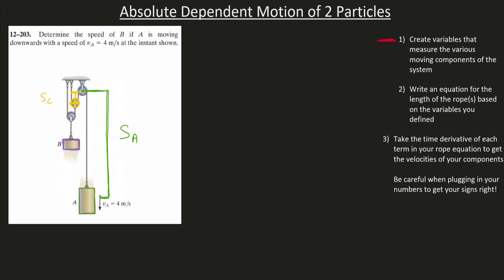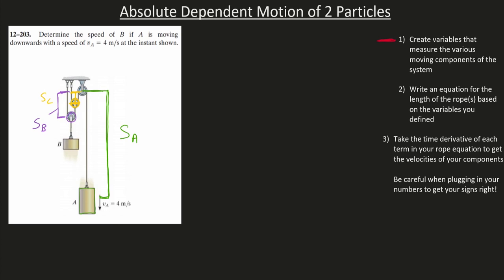Now I know that this pulley and this block here are connected via that rope. They're going to move together with the same velocity and acceleration. So as we discussed last time, let's simplify it a bit, and let me just make a position variable that measures out that pulley, and I'll call that SB. So again, we'll find the velocity of this pulley, but we know that the velocity of the pulley and the velocity of this block are going to be the same.